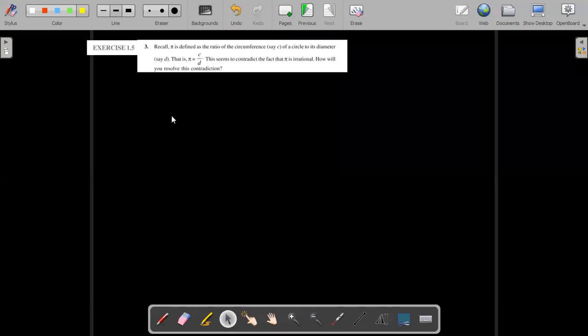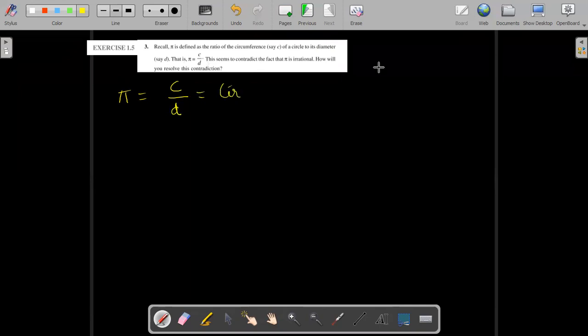Question: recall pi is defined as the ratio of the circumference of a circle to its diameter. Pi is equal to what? Pi is equal to the circumference of a circle, capital C, divided by the diameter of the circle.